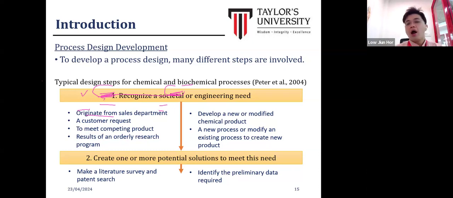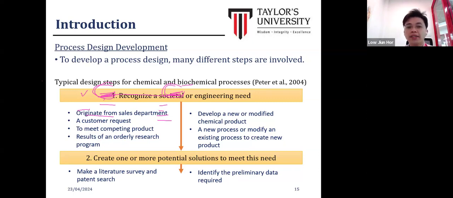Or maybe some of them, they want to try to modify the existing process they are using in their chemical plant. Then of course, as a chemical engineer, you also have to know how to modify the process so that you can actually fulfill the need. This is also considered as one of the needs under the first step here.